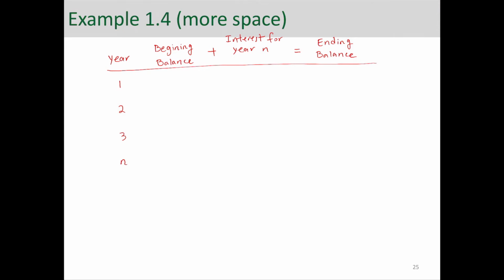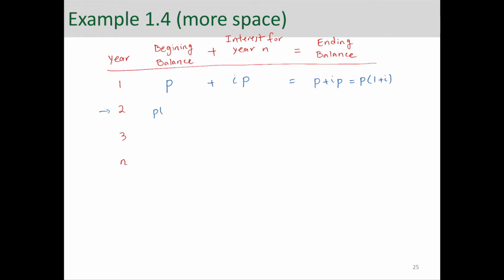So you see the years are starting from 1, 2, 3, goes all the way to a hypothetical year N. So we're starting with P, which is the principal, plus the interest for that year is just I times P. So the ending balance would be P plus IP. And that can be rewritten as P times 1 plus I. So now P times 1 plus I goes to the beginning balance of year 2.